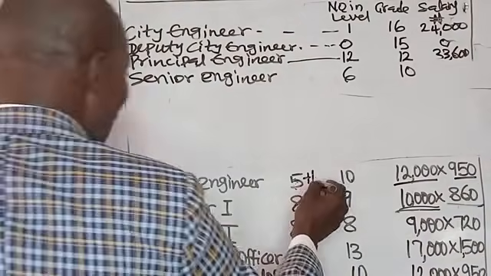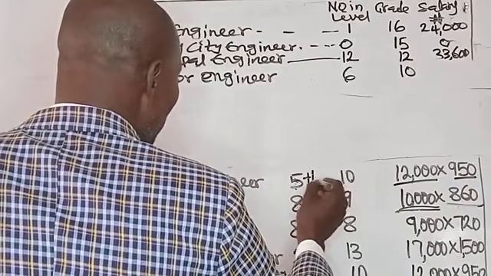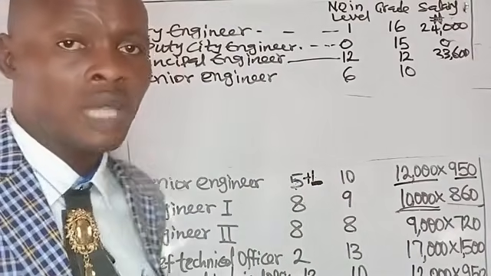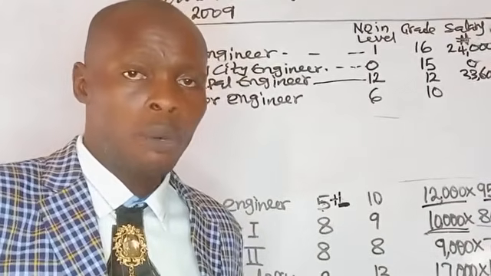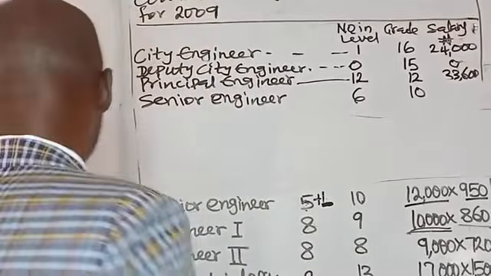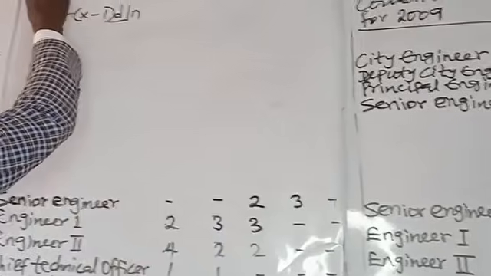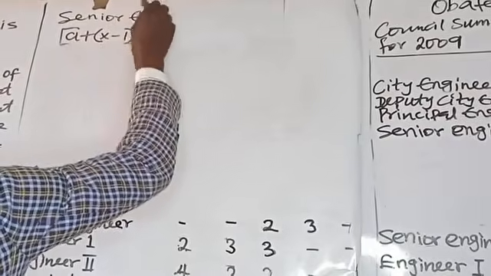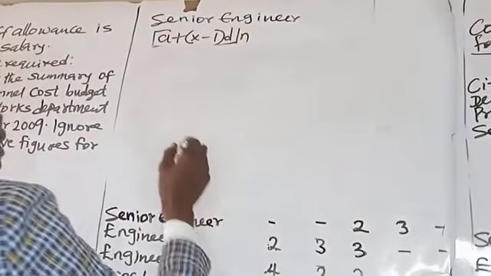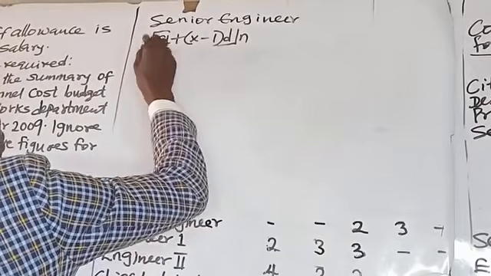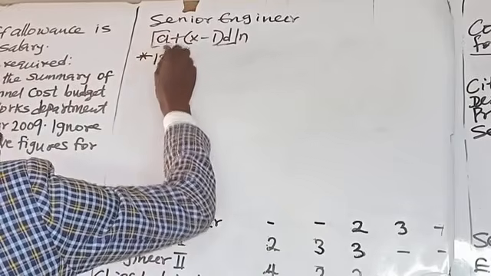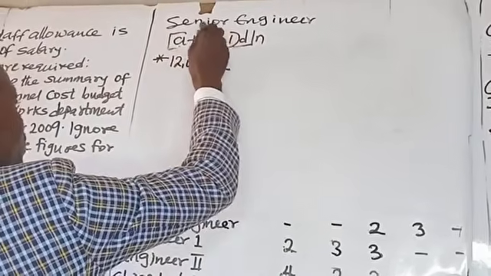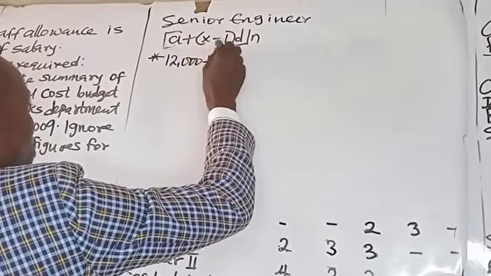So now, let's first of all calculate for the one person who is newly employed. Remember, I've told you that the person who is newly employed will be employed on step 1 of the grade level. So the basic salary is 12,000. That means the value of A is 12,000 plus the step, that person will be employed in step 1.